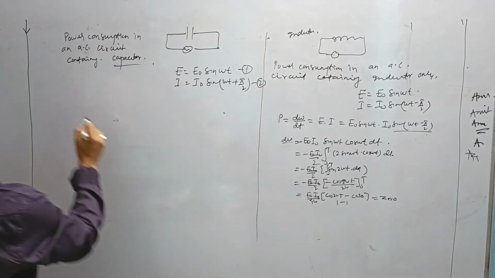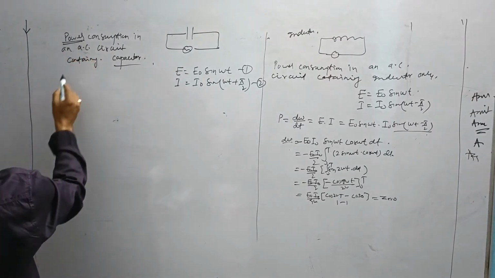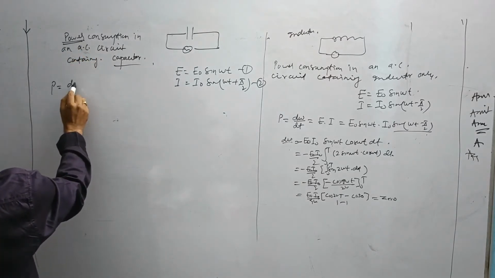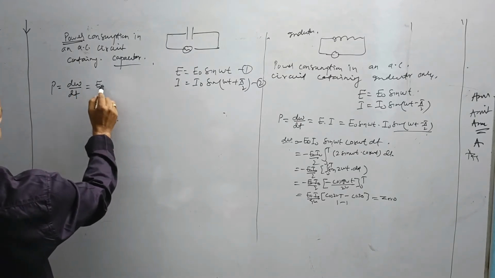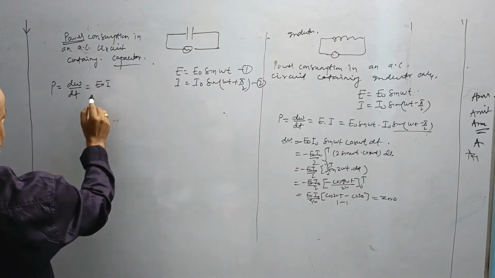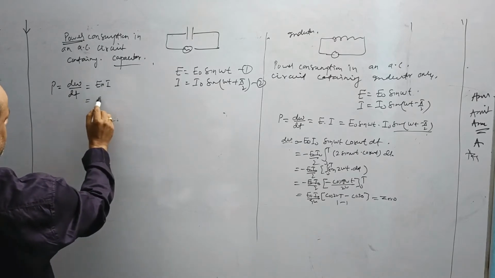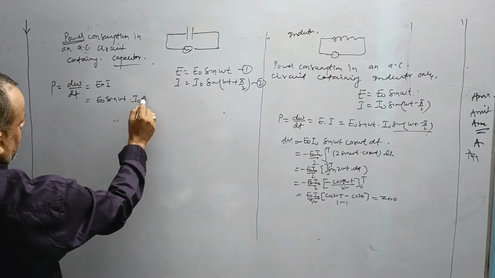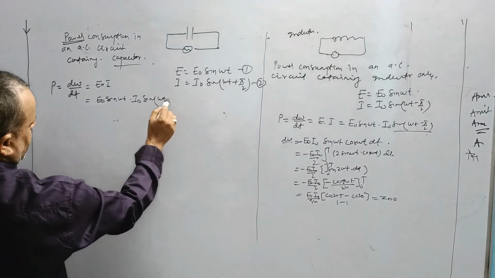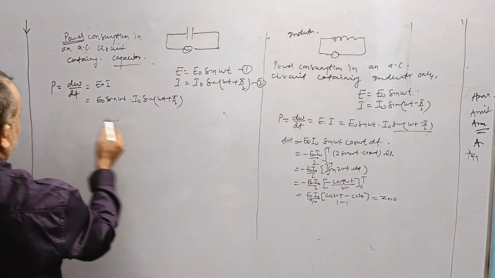So suppose we need to calculate power. Power is basically delta W by delta T. This is E into I, which can be written as E naught sin omega t into I naught sin omega t plus pi by 2.